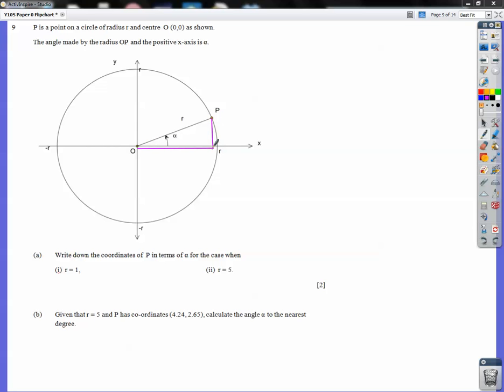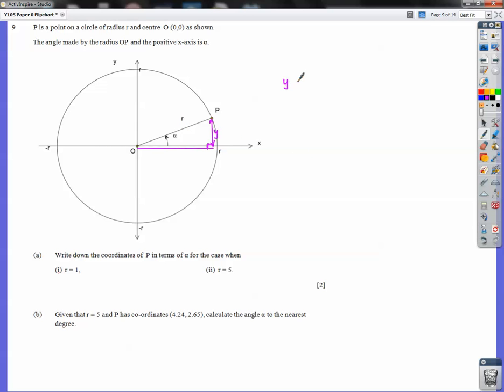The y-coordinate is this vertical line here, and we're making a right-angled triangle there. So the y-coordinate of P, this bit, I can work out using trigonometry in terms of r and alpha. y is the opposite to angle alpha, and r is the hypotenuse.